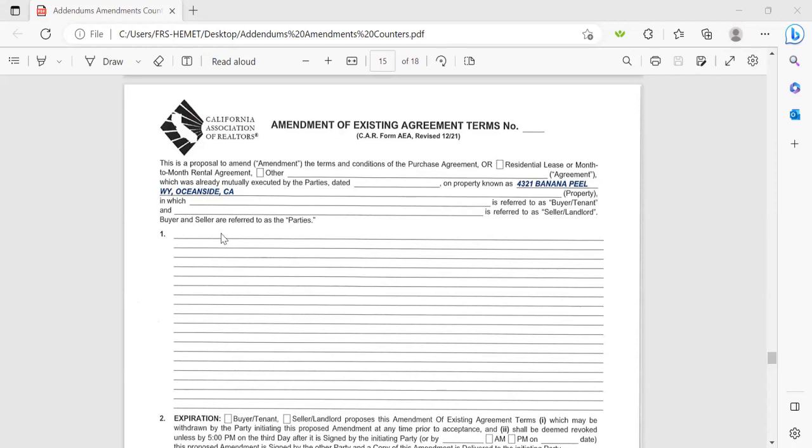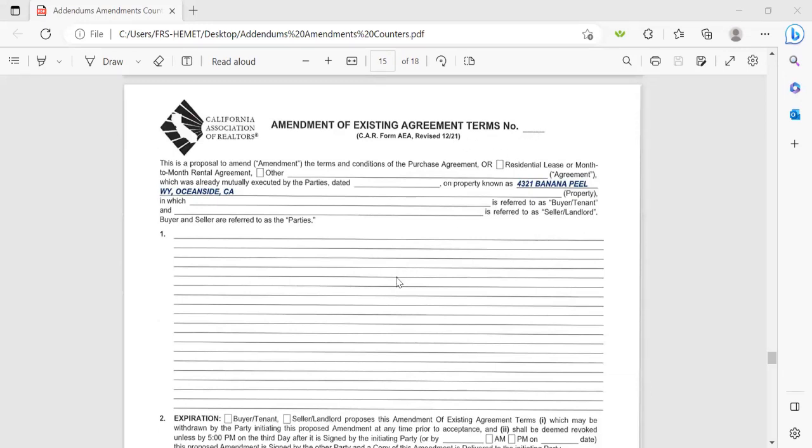And so maybe we're going to try to get them to agree to drop the price. So you write in here, per appraisal dated blah, blah, blah, purchase price to be reduced to $639 instead of the $650 or whatever that we had written in. So different things can be amended to the existing agreement terms. And this is amendment number 1.